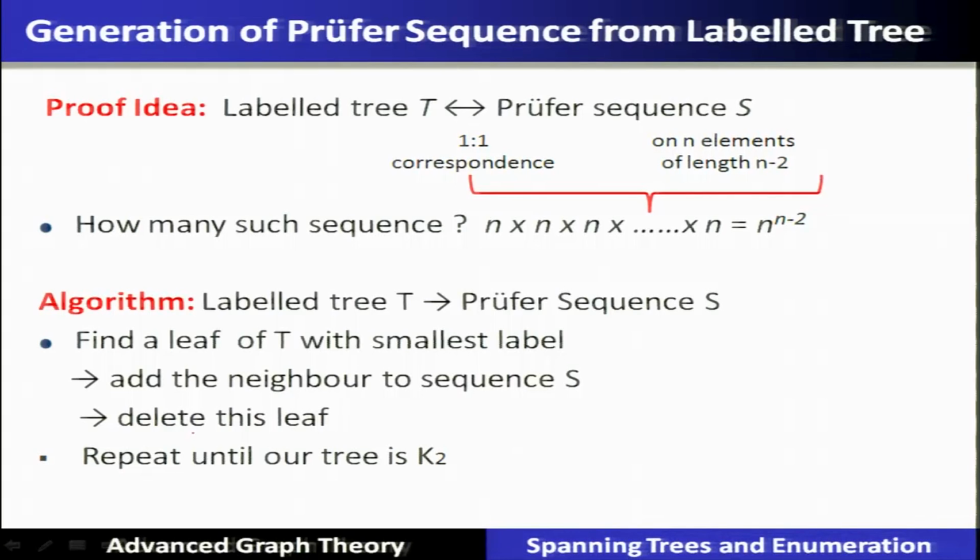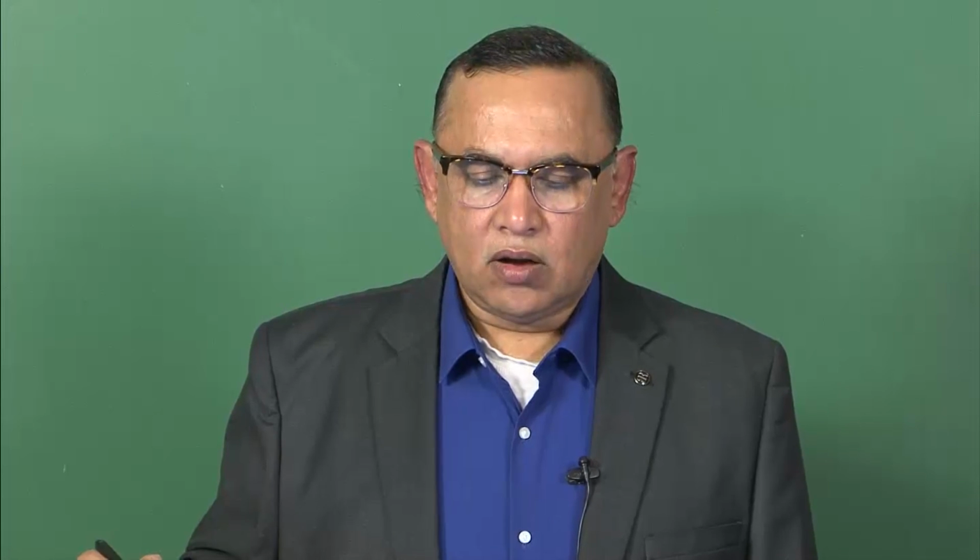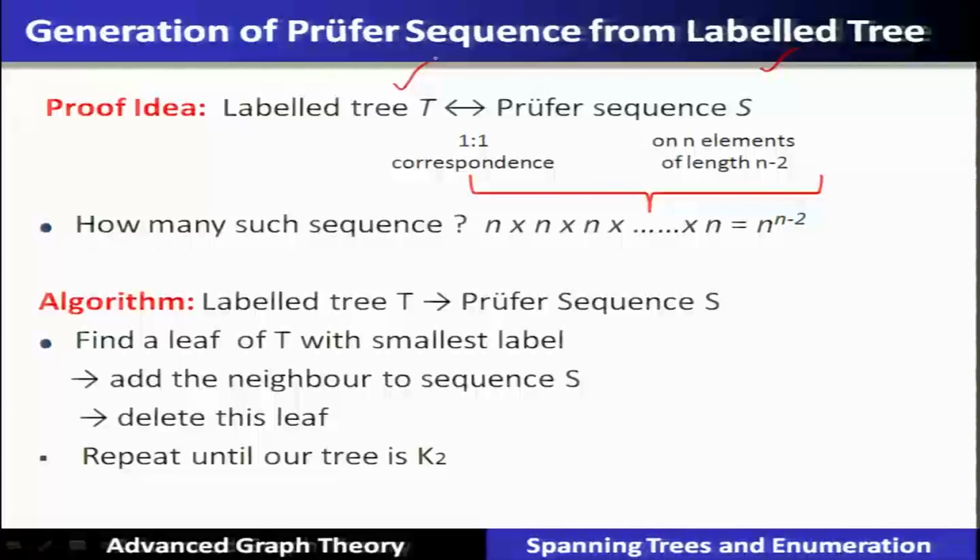First we will see how to generate a Prüfer sequence from a given labeled tree. That means we are given a labeled tree and we have to generate a Prüfer sequence S. On the other side also, if a Prüfer sequence S is given, we can generate that unique labeled tree.